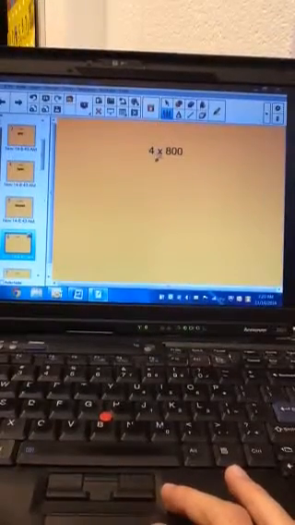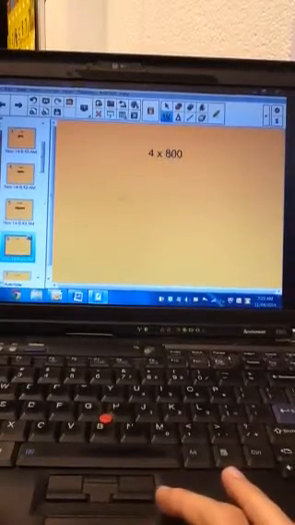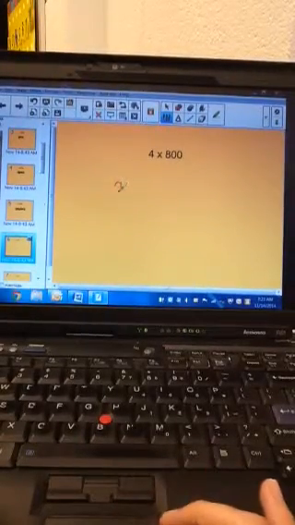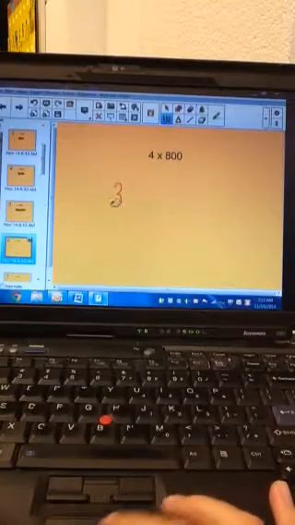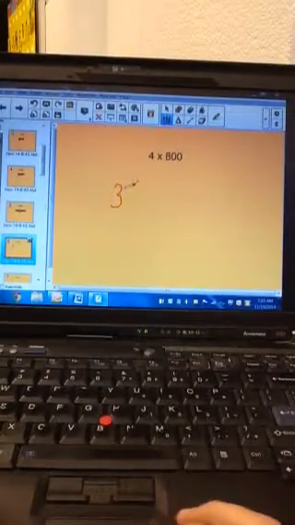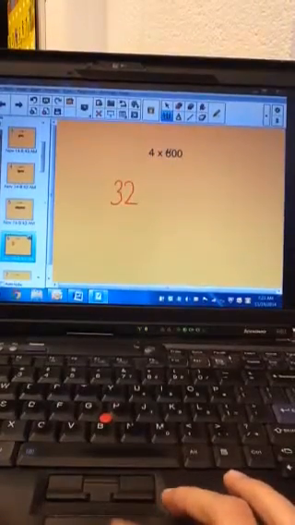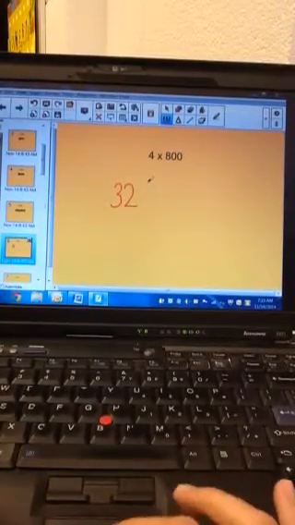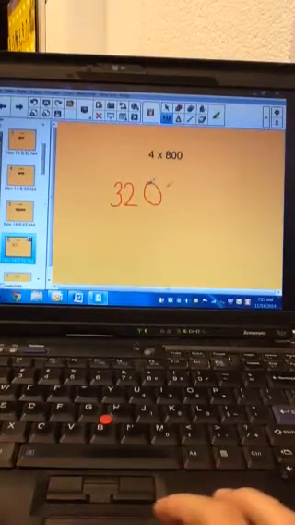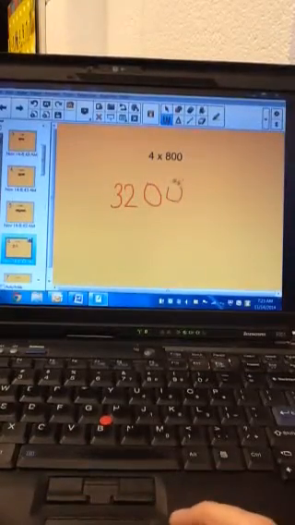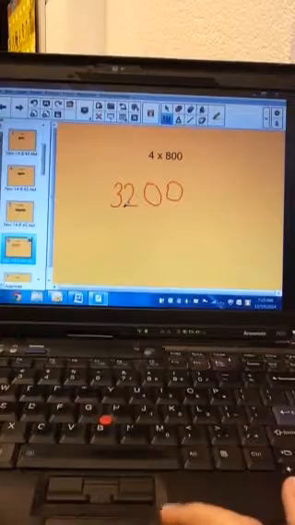Hopefully you and your group decided that 4 times 8 is 32. And remember, if that's not a problem that you know, use a multiplication strategy to help you figure it out. 4 times 8 is 32, and we had 2 zeros, so we add those at the end, and our answer is 3,200.